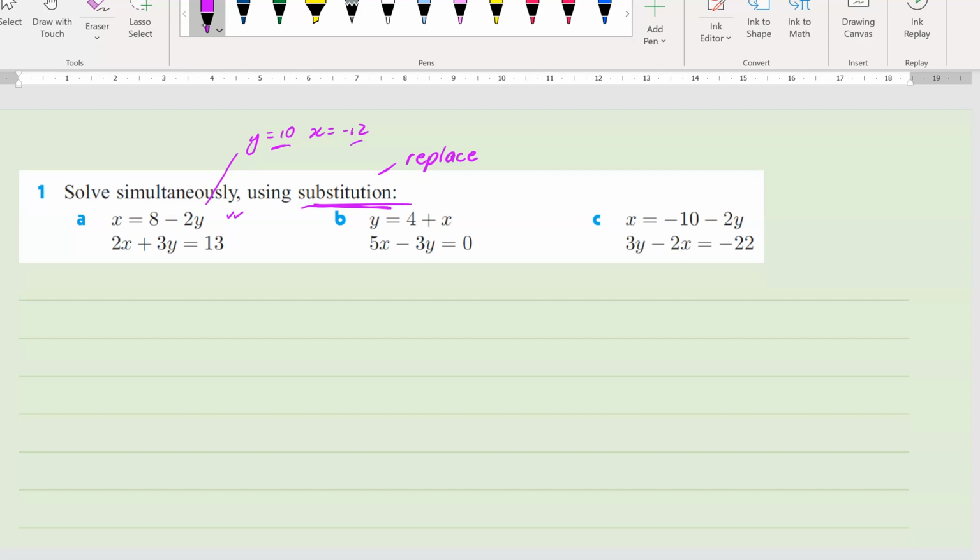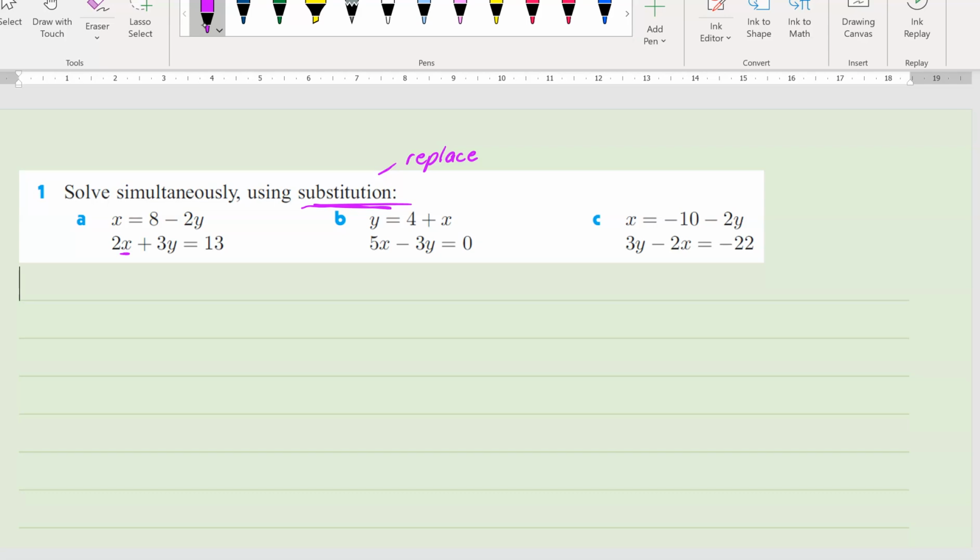But if I put these two values in the second equation, there's no way it'll equal 13. So in order to find a value for x and a value for y that suits both, we use this method, substitution.